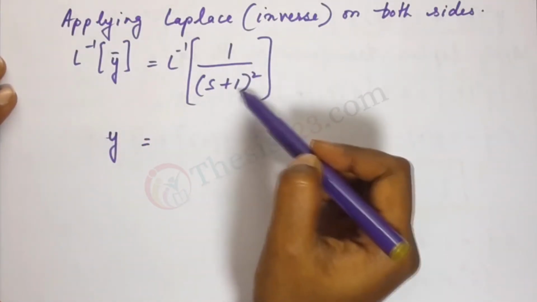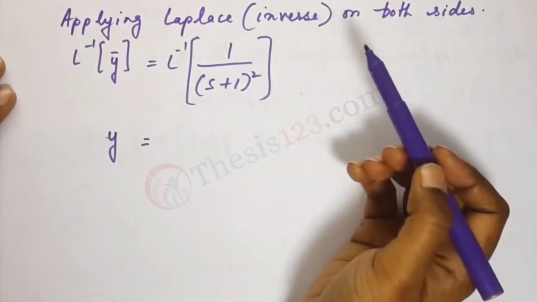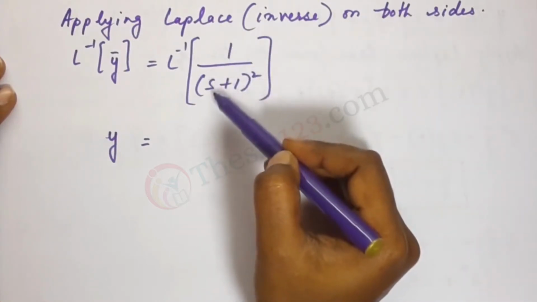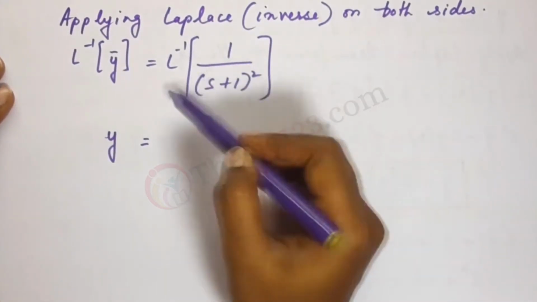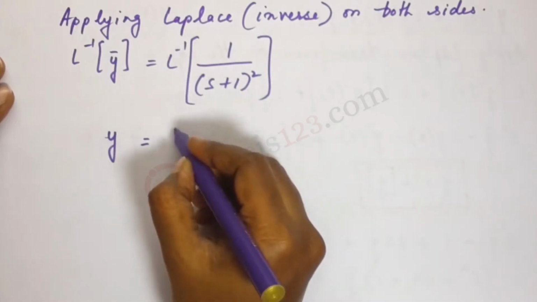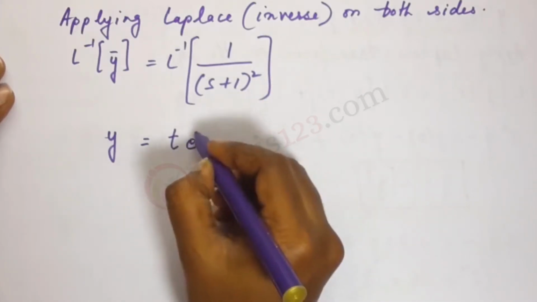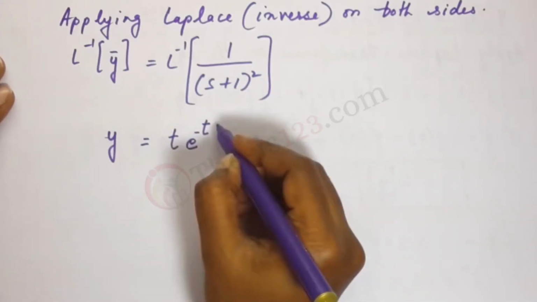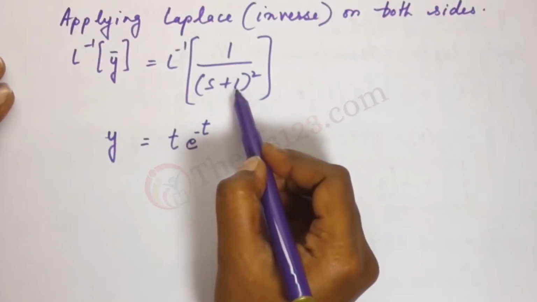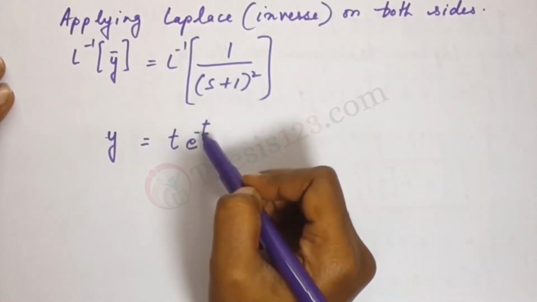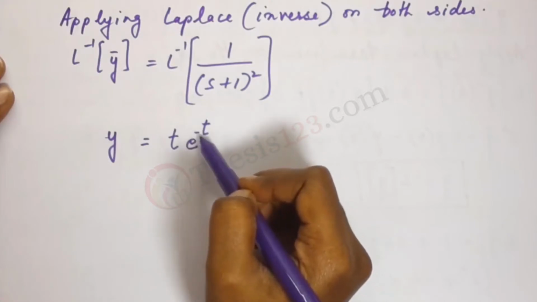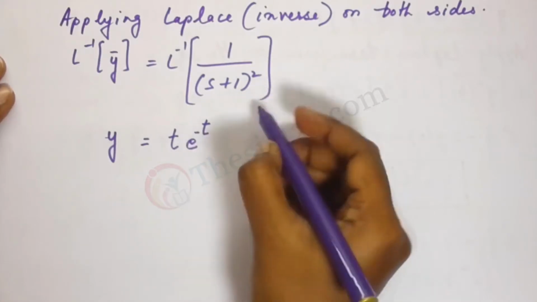So here we have 1 by s plus 1 whole square, and we saw from the formula that for 1 by s plus a whole square, the Laplace inverse is t into e power minus a t. Here a is 1, so substituting 1 in place of a, we get e power minus t.